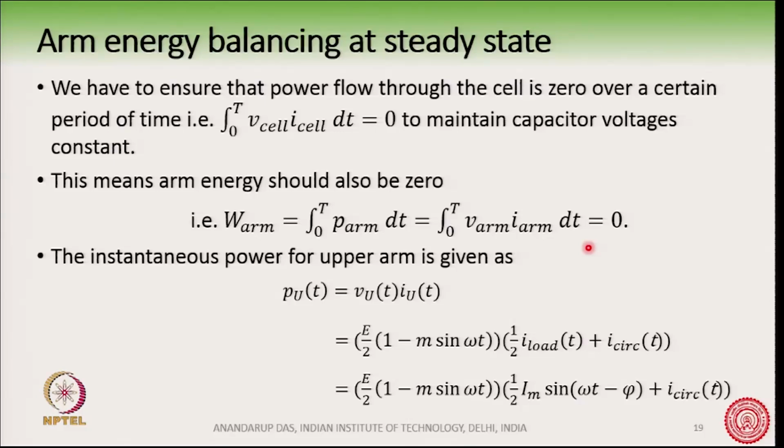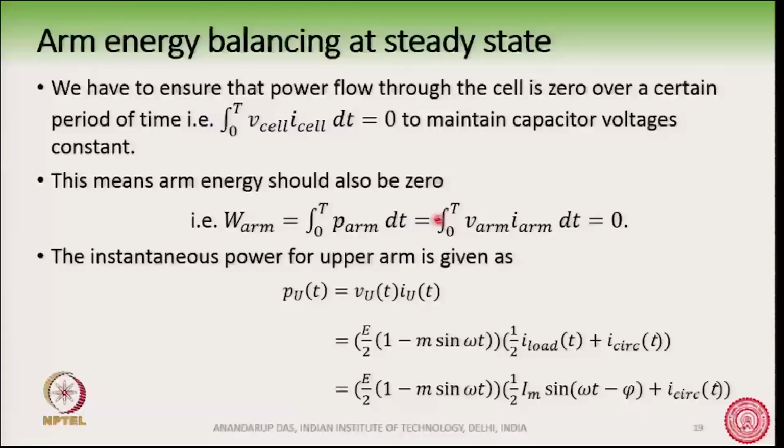Just to tell you one thing, for those who are familiar with MMC, I will just say a word here, we will explain it later. When we go ahead with this equation saying that the V arm into I arm over a period of time should be 0, we are ensuring that the arm voltage is fixed over a period of time. Okay.